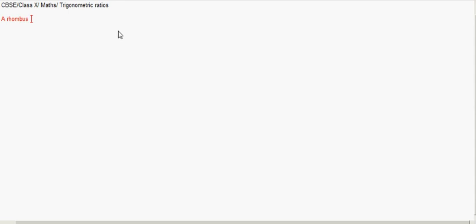Okay, a rhombus of side 20 centimeter has two angles of 60 degree each. Find the length of the diagonals. Let me discuss this question and leave it to you. Suppose this is your rhombus.